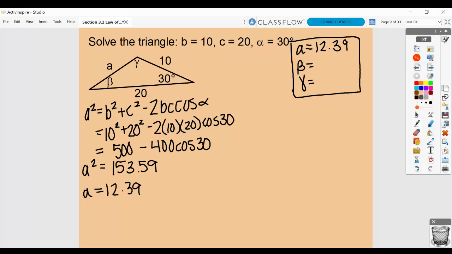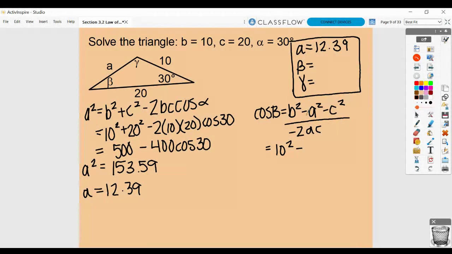Okay, we can solve for angle B or angle gamma. Doesn't matter which one. So if I just solve for beta, cosine of beta equals B squared minus A squared minus C squared all over -2 times A times C. So again, just substituting in numbers, we got 10 squared.